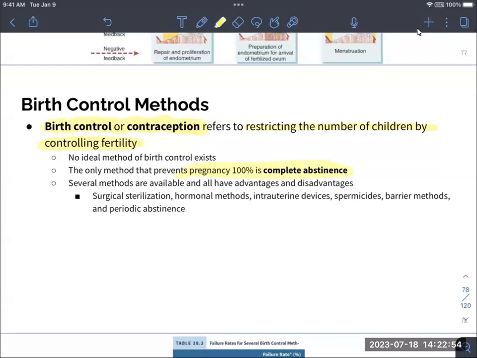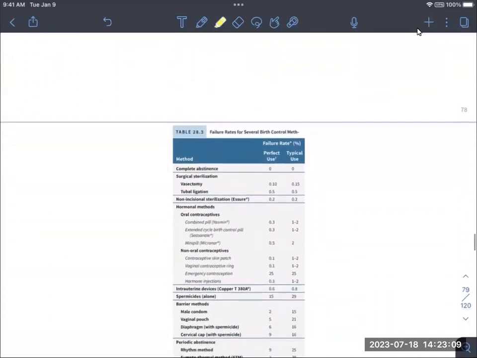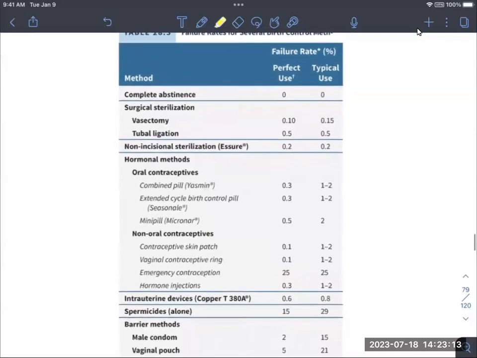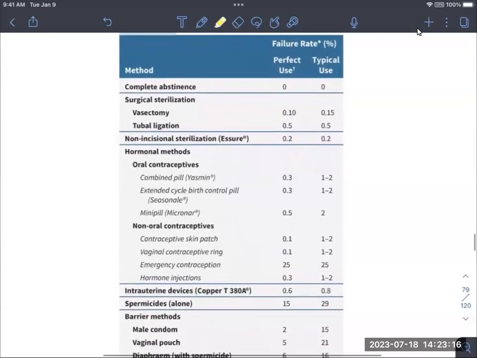There are a lot of different methods available: surgical sterilization, hormonal methods, intrauterine devices, spermicides, barrier methods, or periodic abstinence. So this chart goes through the failure rates, if it's used perfectly and how it's normally used.